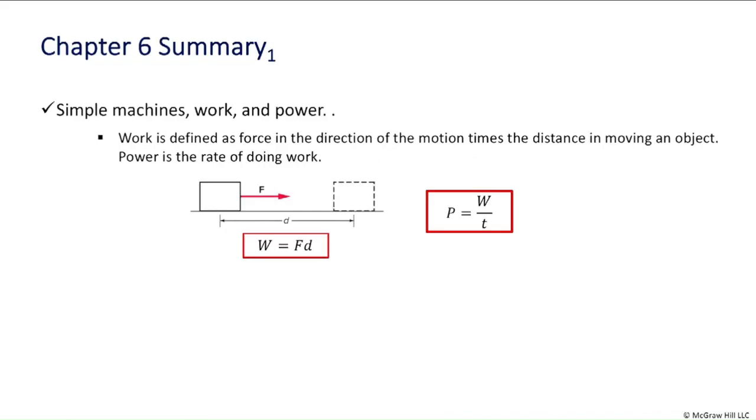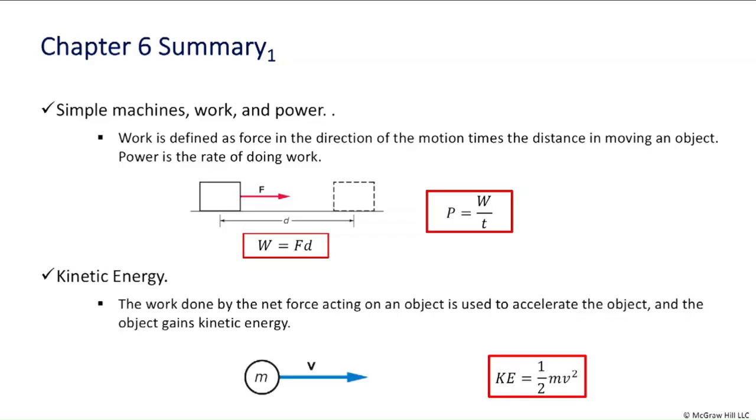So in the first section, we defined work, which is the force times distance, and here we are using only the portion of the force in the direction of motion. And next, power is the rate of doing work. And in the next sections, we discussed the kinetic energy and potential energy. Kinetic energy is equal to 1/2 the mass of the object times the square of its speed.